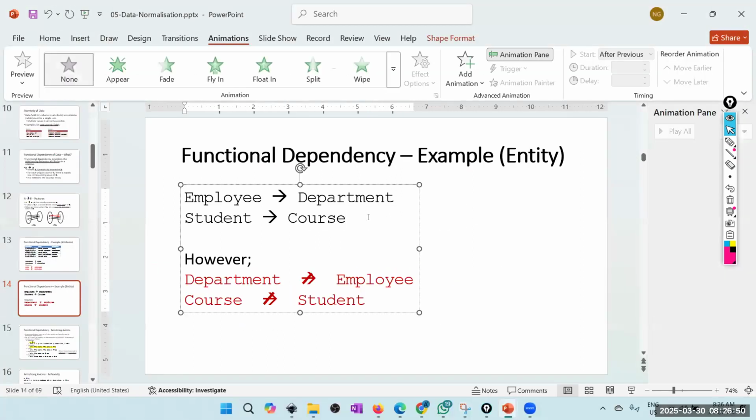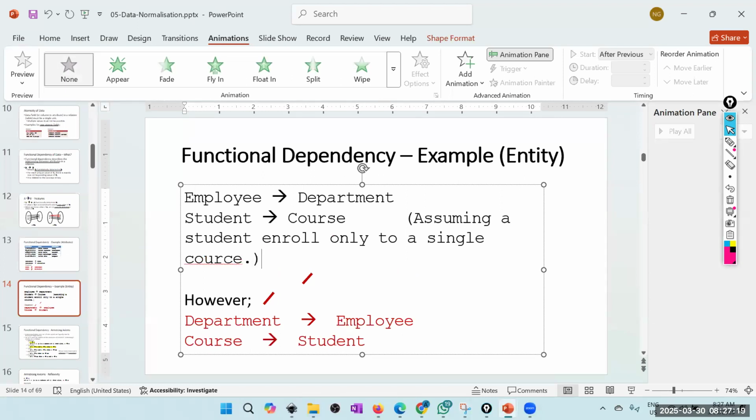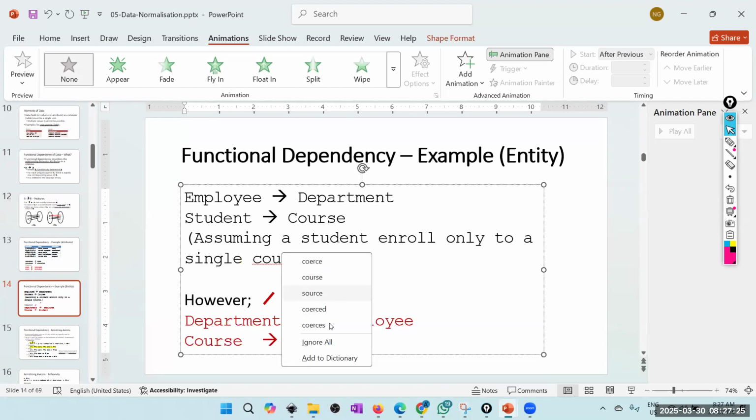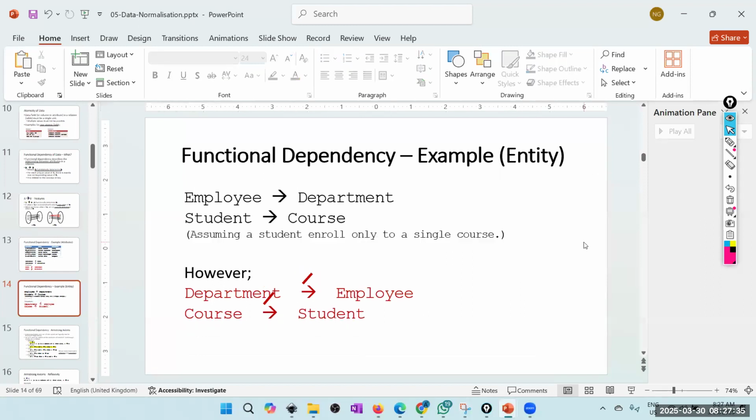Okay, so let me write it as an assumption: student enrolls to only a single course. Otherwise, you will get confused.